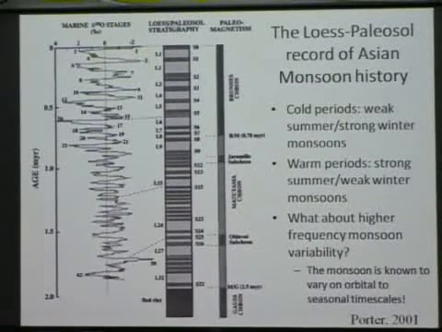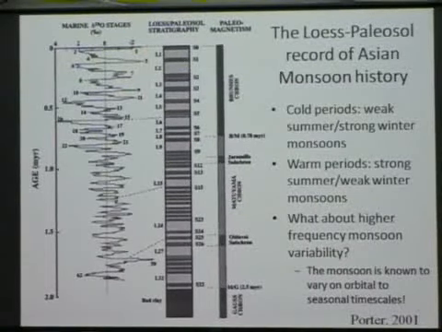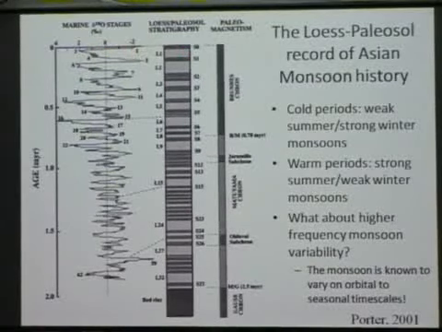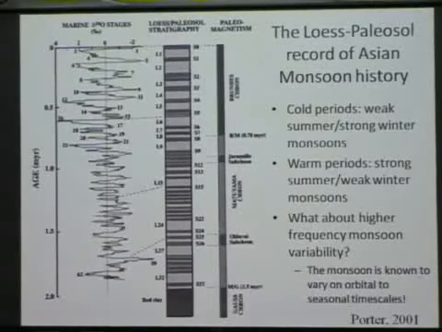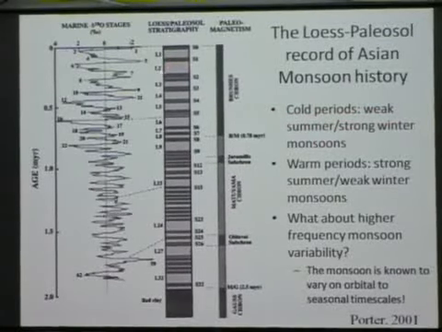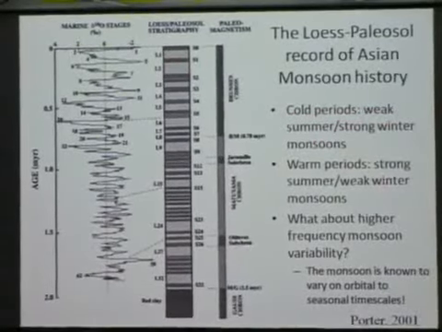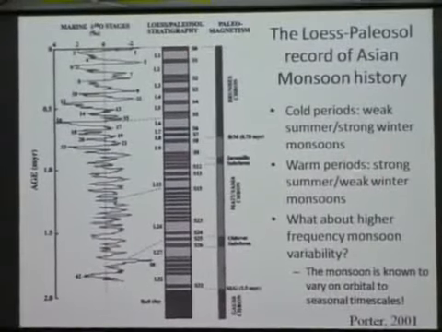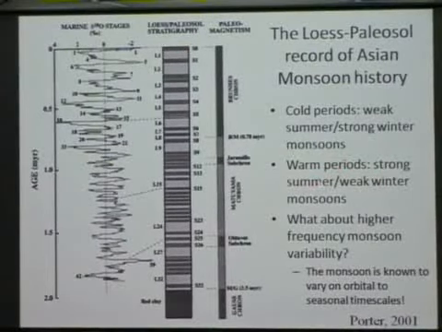And what was initially noted was that during warmer periods, we tend to have periods of soil formation indicating wetter conditions at that time. So in general, the cold periods are characterized by a weak summer monsoon and a strong winter monsoon, and the warmer periods, globally, are characterized by a strong summer monsoon and a weak winter monsoon. So you have this sort of seesaw-like effect.